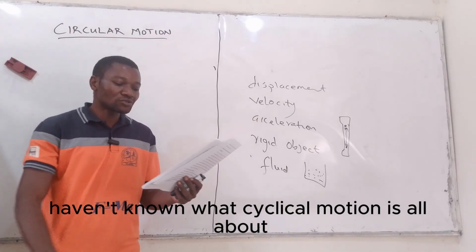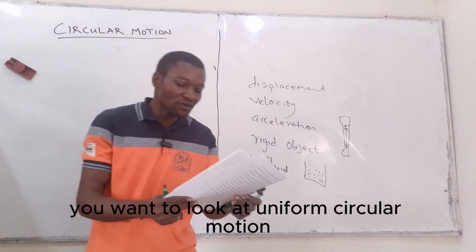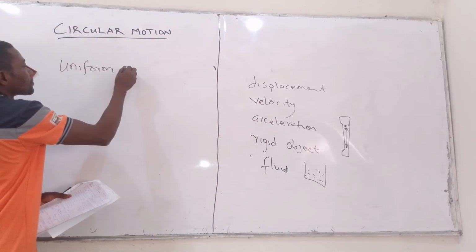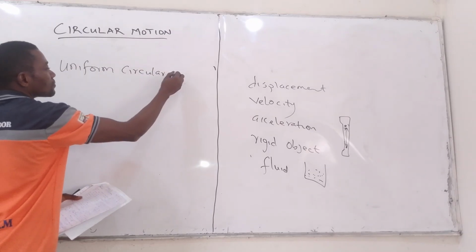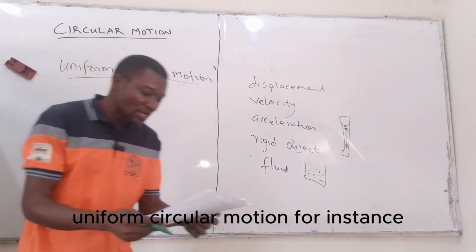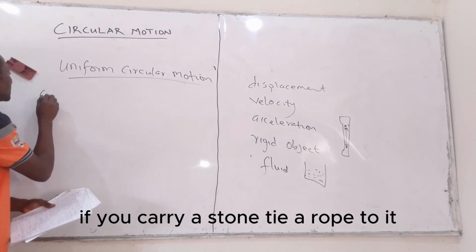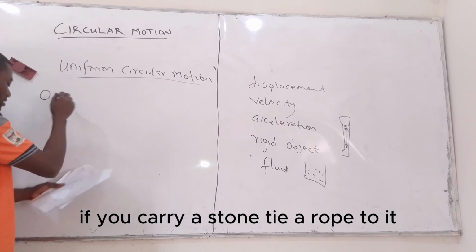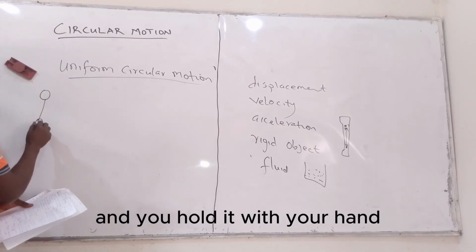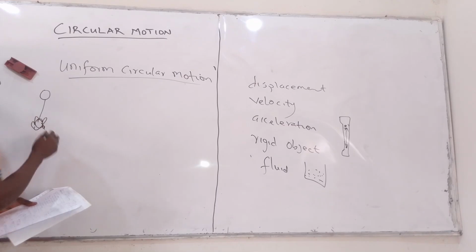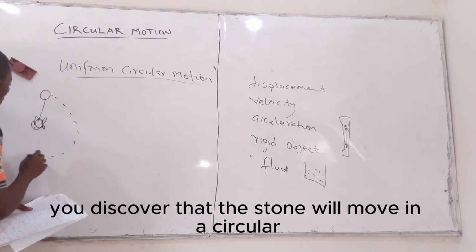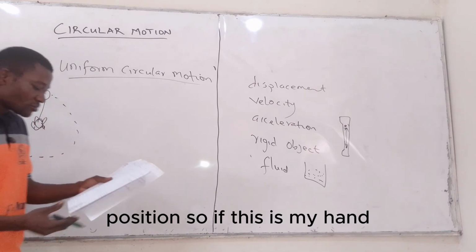Having known what circular motion is all about, we want to look at uniform circular motion. For instance, if you carry a stone, tie a rope to it, and you hold it with your hands and you wind it, you discover that the stone will move in a circular path.